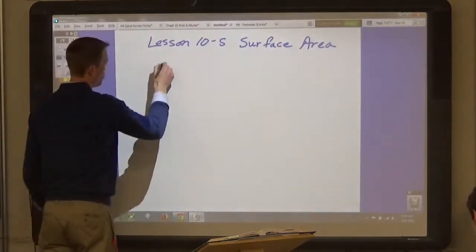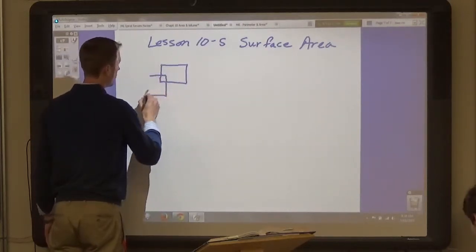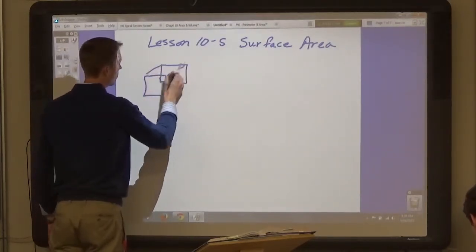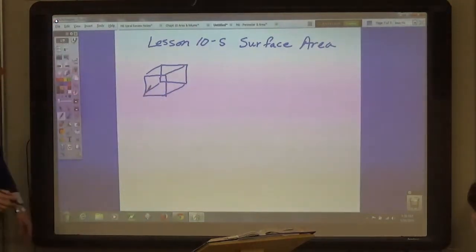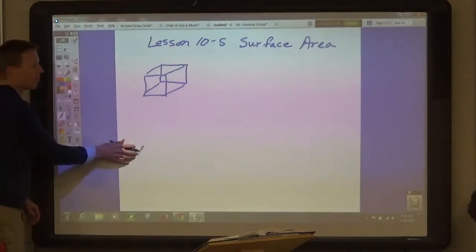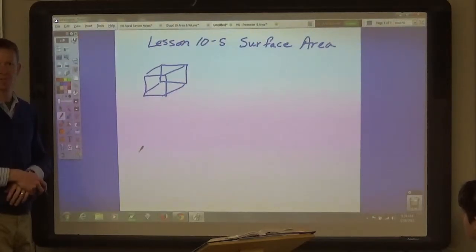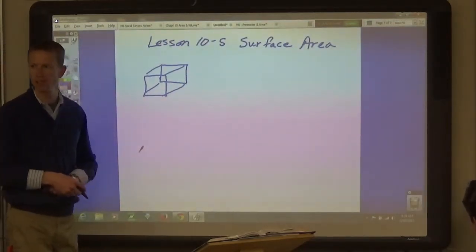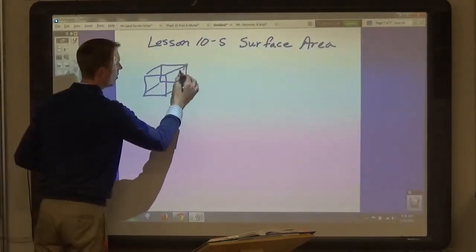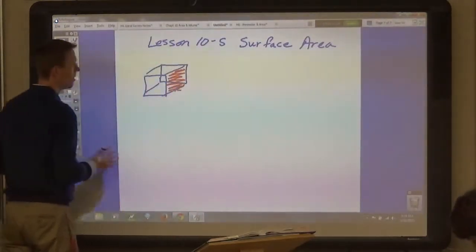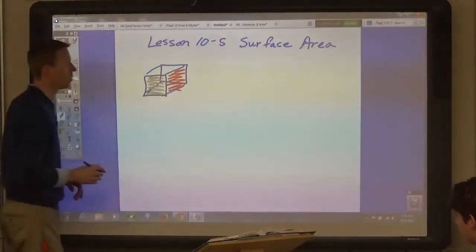This one, for example. So this is a rectangular, what? John? A rectangular prism, right. Yep. And so this is a rectangle, and then this is supposed to be a square.